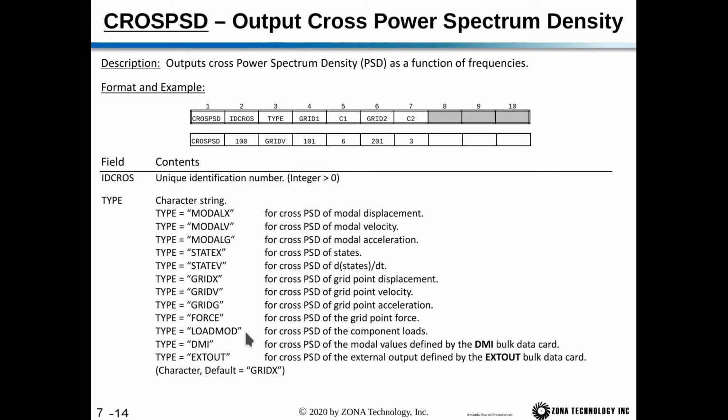Usually, however, you're interested in the CROSPSD between loads, for example, wing shear and wing bending, in which case both of those would be the load mod option.